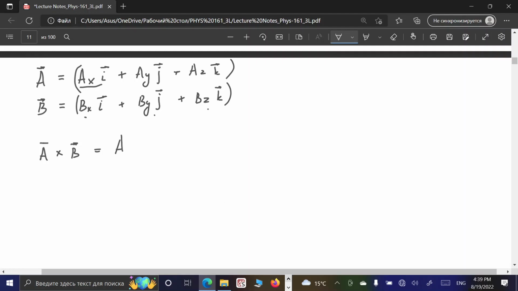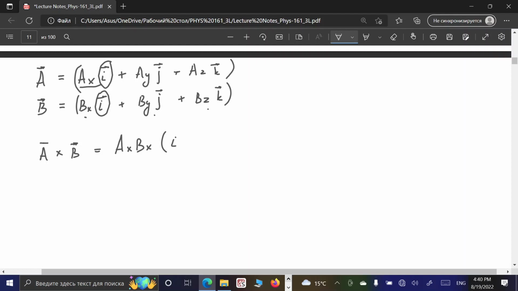So it will be ax times bx, so we multiply two scalar components, and here we need to multiply it by the cross product of the unit vectors which stay next to these scalars, ax and bx. And what is staying here is the i unit vector.